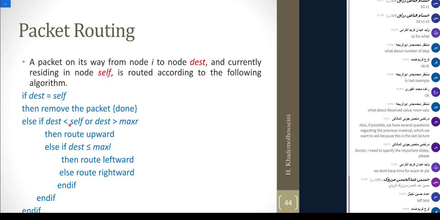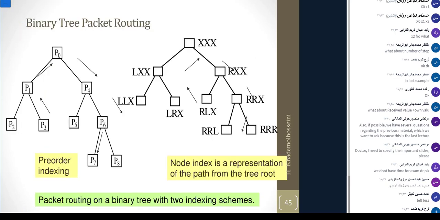When dest is less than self, self is the current node, dest is the destination. If it is less than self, we must route upward. Can you tell me why?